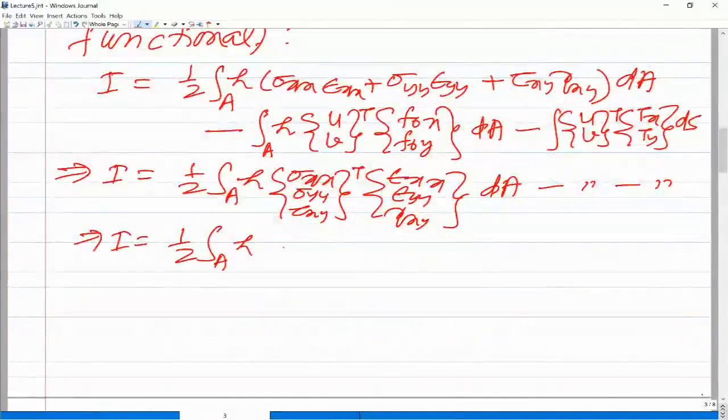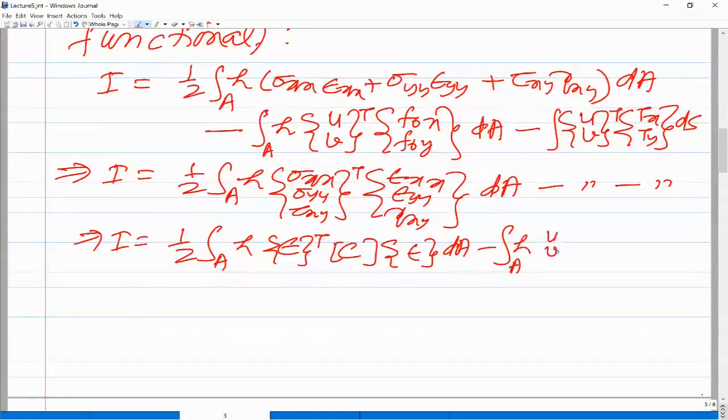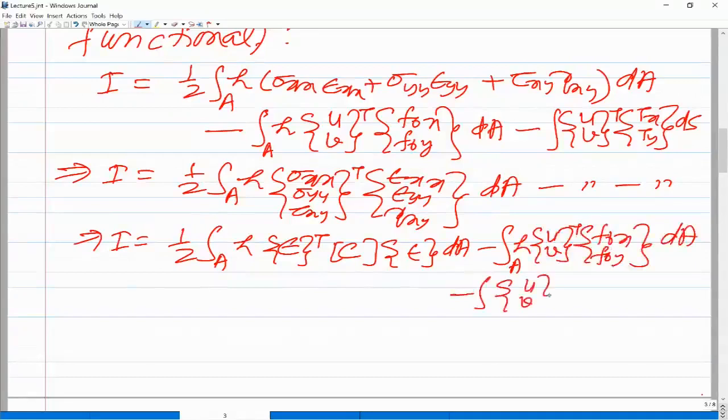So finally we can write this as epsilon transpose into C transpose. C is symmetric, so C transpose is the same as C, into epsilon dA, and minus, of course, the terms h into u, v transpose into f_bx, f_by dA, minus integration over the boundary of u, v transpose Tx, Ty ds.